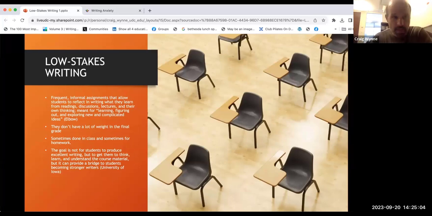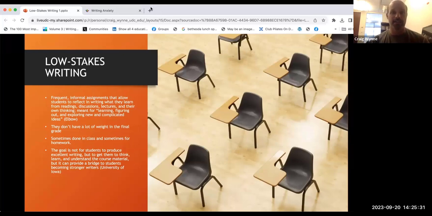An iconic scholar in the rhetoric and writing studies field named Peter Elbow coined this idea of giving frequent, small, informal assignments that allow students to reflect in writing on things they learn in readings, discussion, lectures, and just for their own thinking.